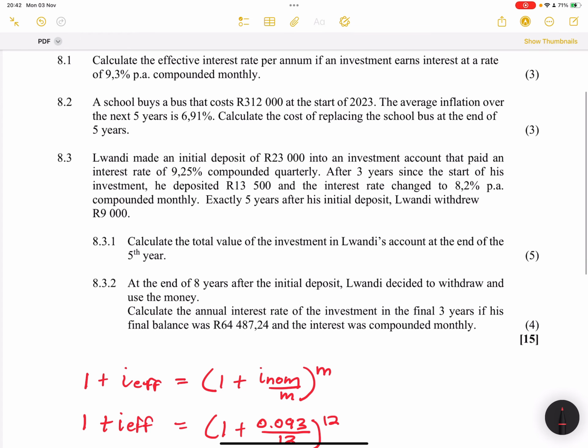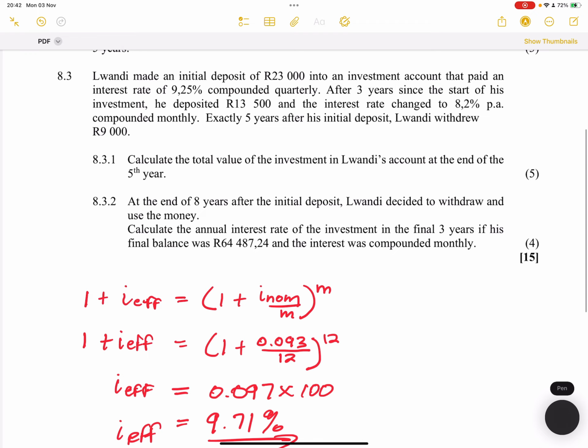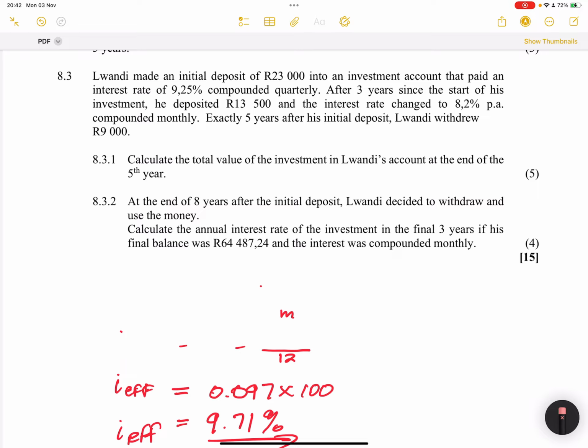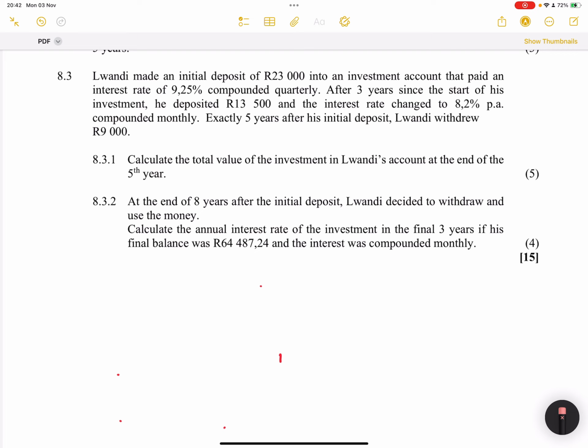They say a school buys a bus that costs 312,000 at the start of 2023. The average inflation over the next 5 years is 6.91%, right? Calculate the cost of replacing the school bus at the end of 5 years. So in this case, please just remember that inflation happens on an annual basis and it compounds as well, right?